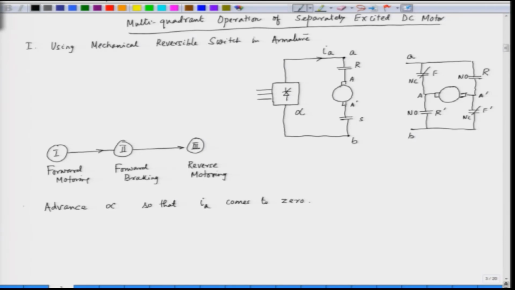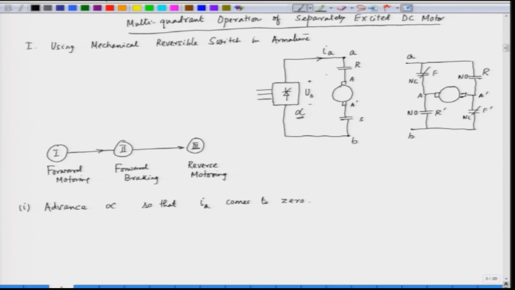This is step 1. If you advance this angle alpha, the output voltage VO would be negative. In that case this current will not be supported by the input voltage. So, IA will gradually decrease down to 0.